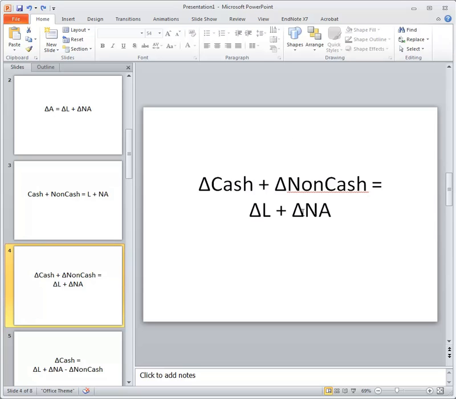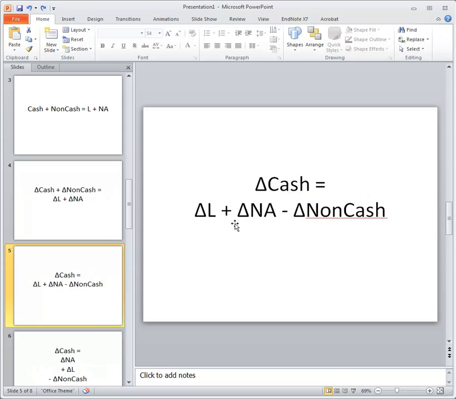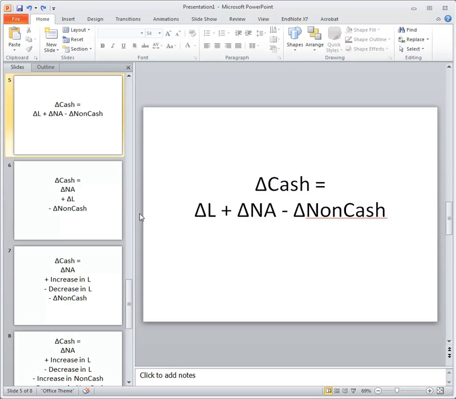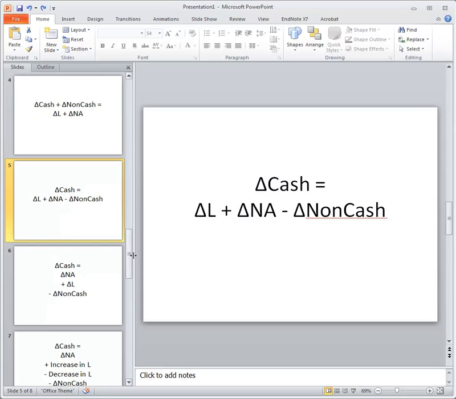So from here we can take this non-cash asset and move it over to the other side of the equation by just subtracting both sides by the change in non-cash assets and leaving the change in cash all alone on the left side of the equation. Okay, so we've got change in cash is equal to the change in liability plus the change in net assets minus the change in non-cash.